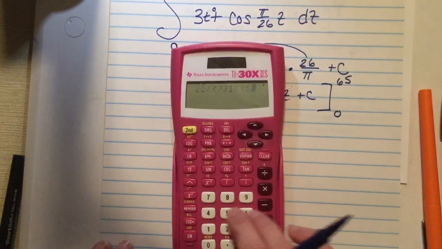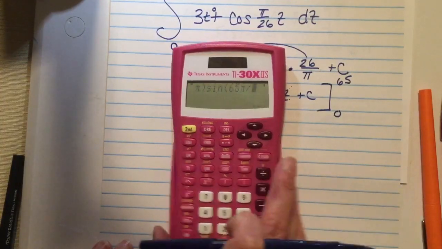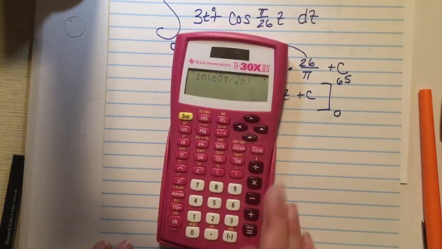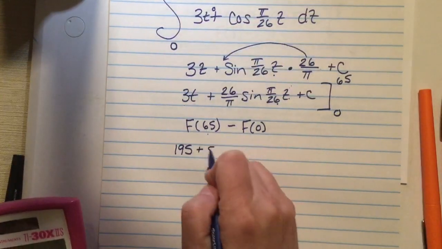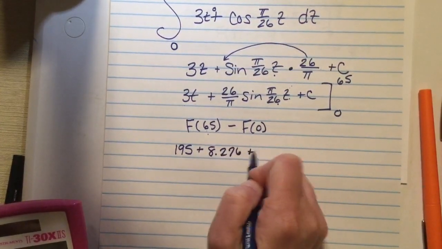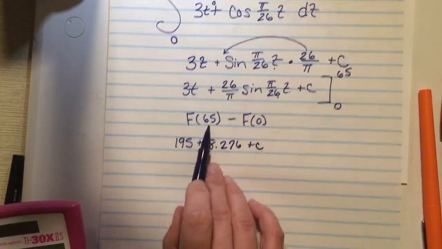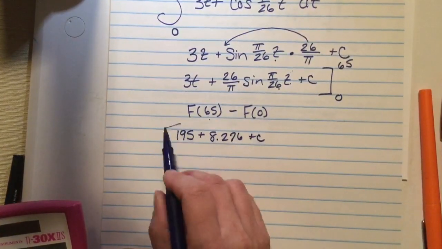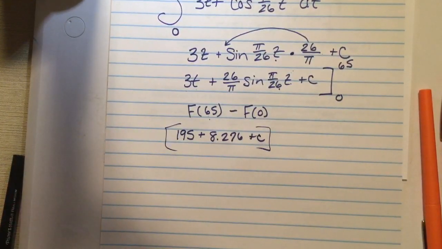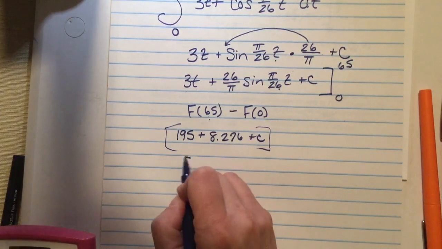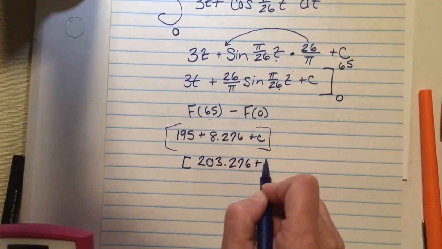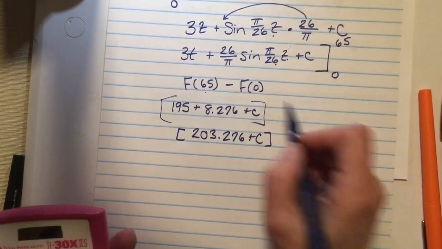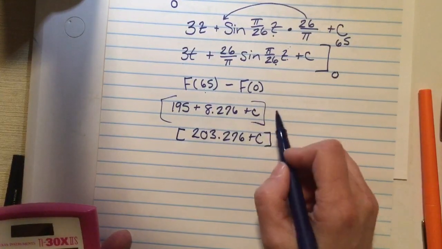So it's the sine of 65 pi over 26. So I got 8.276 plus c. When I put in 65, I can simplify by adding those two: 195 plus 8.276. If I put in a 65, I got 203.276 plus c.